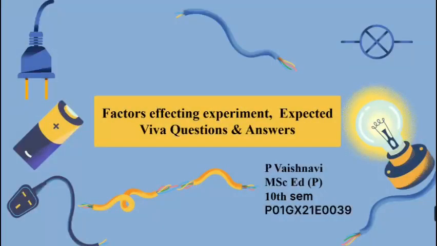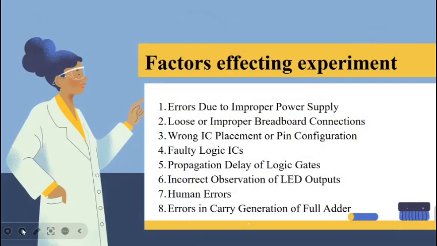We will be discussing the factors affecting the experiment and expected viva questions and answers. These are the factors affecting the experiment. Errors due to improper power supply. Digital ICs used in half-adder and full-adder experiments require a stable DC power supply.